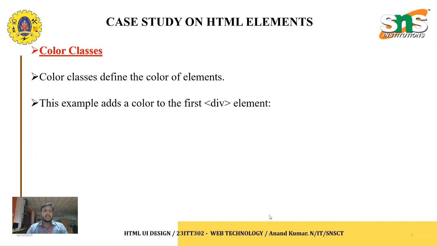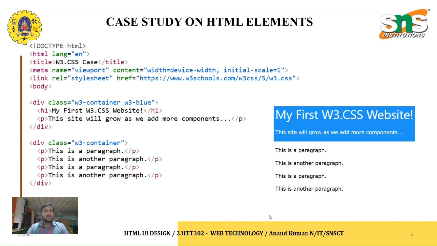The next case study will be on the color classes. The color classes define the color of an element. This example adds color to the first division element. It is the same aspect, but we are just going to choose one invocation, I'm roaming the cursor around for your understanding.